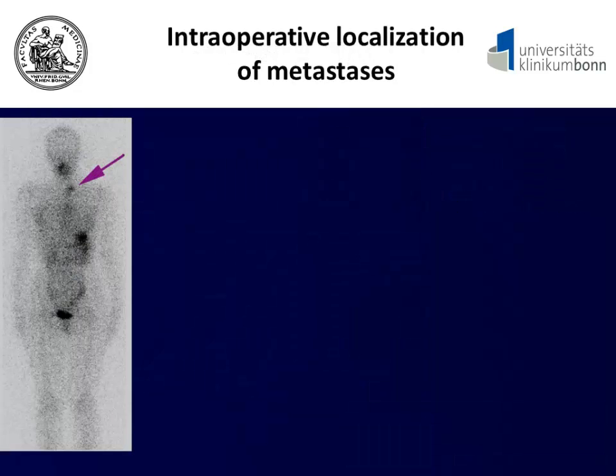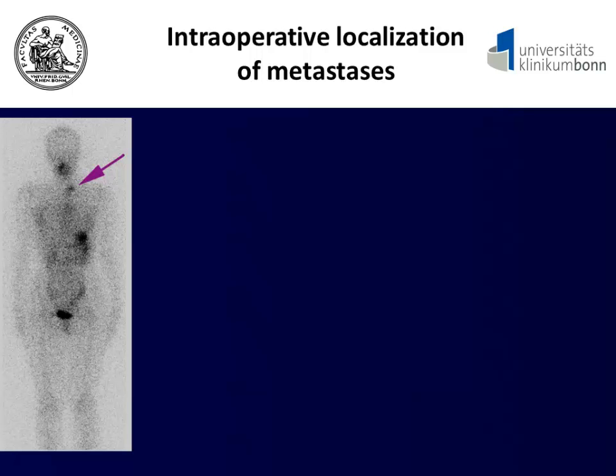Here is one example from our clinic, a young female who had an operation because of this accumulation in the cervical area. After 6 months we performed the radioiodine scan again, and the accumulation was still there.